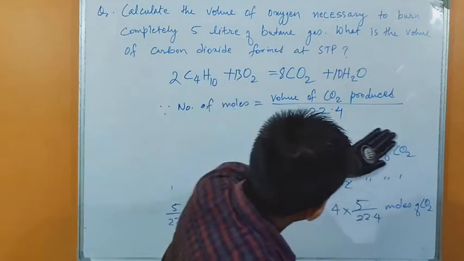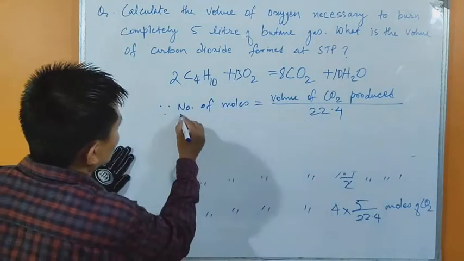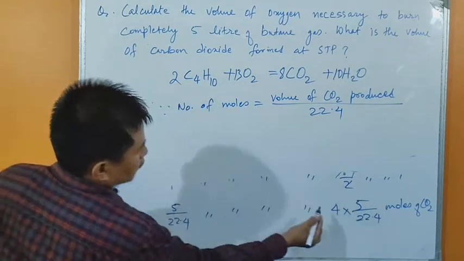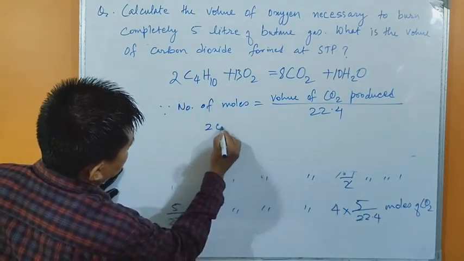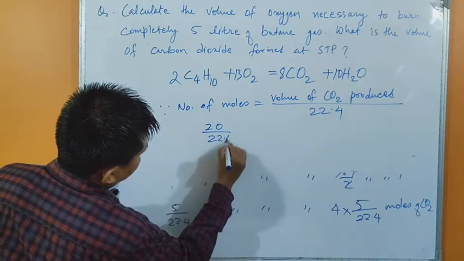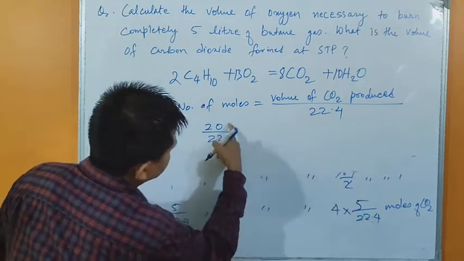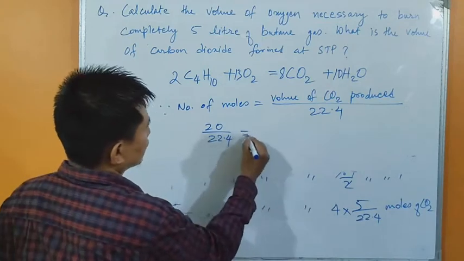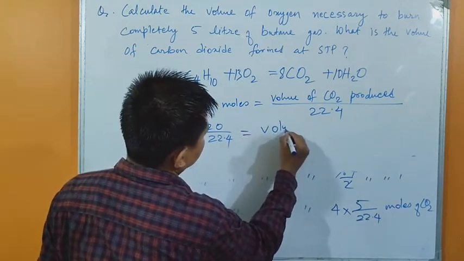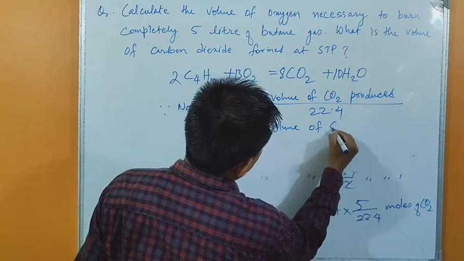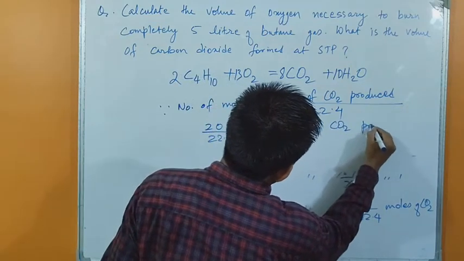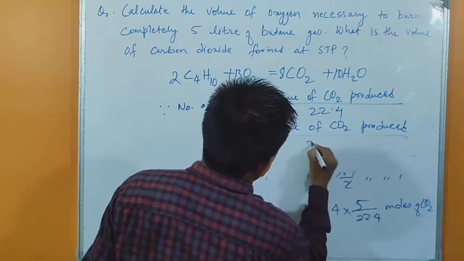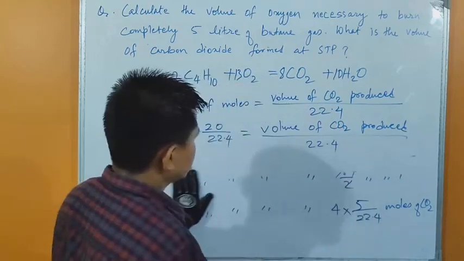So number of moles of CO2, we have already found, is 4 into 5, that is 4 5s are 20 upon 22.4. This is the number of moles of CO2, equal to volume of CO2 produced divided by 22.4.